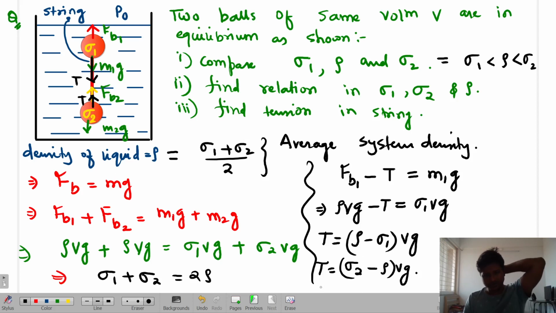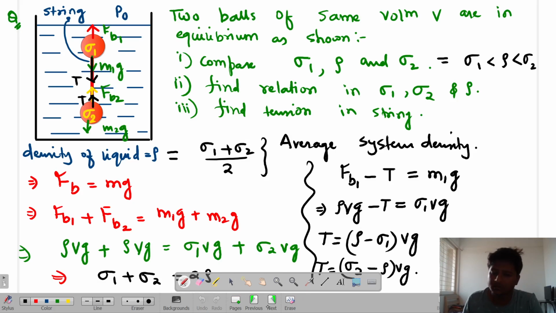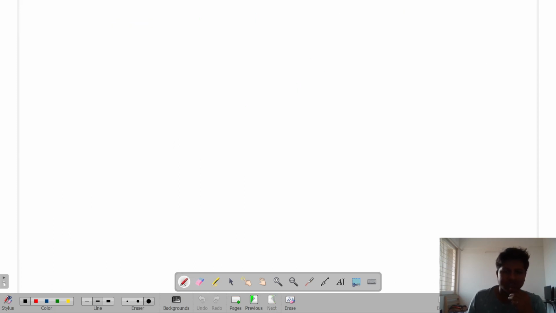Is that clear? So both are correct. Both of the tensions are equivalent. Both of them are possible.